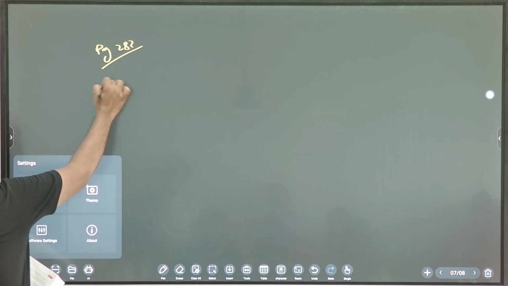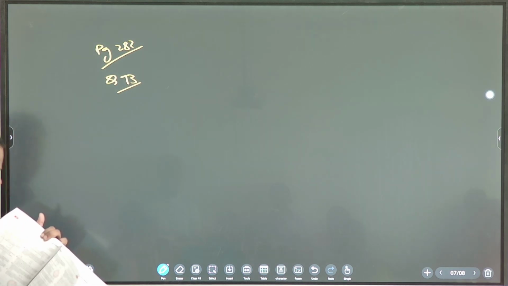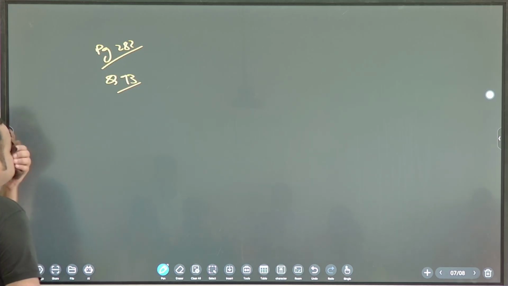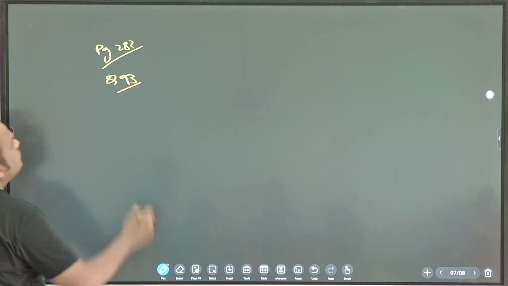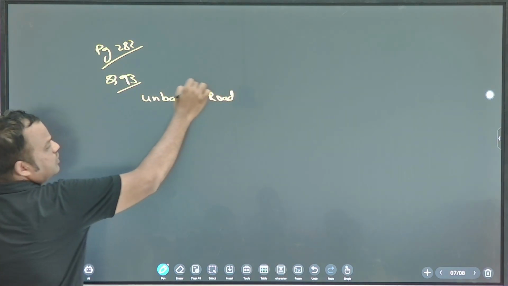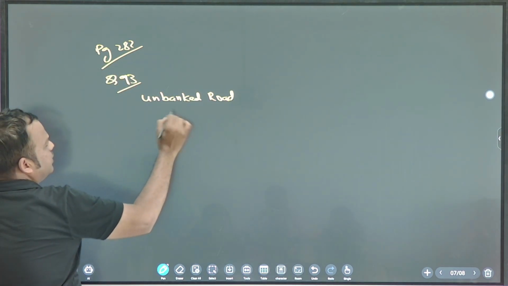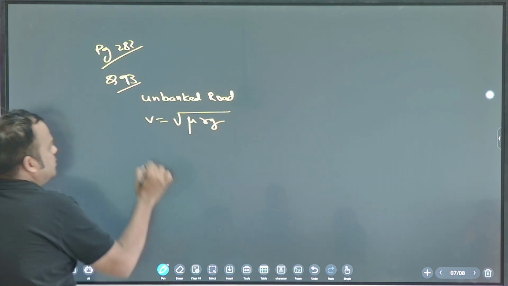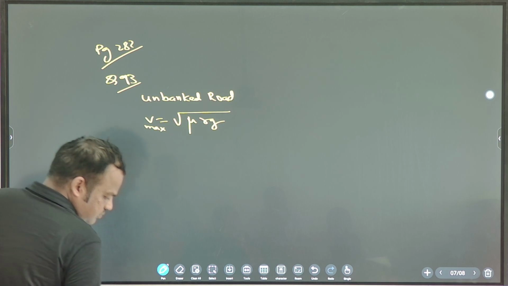Question 93. Solve. What is question 93? Unbanked road. Unbanked road means Formula 1, 2 or 3? Formula 1. Tell me the formula. Mu r g. Correct. So maximum speed. Solve the question.